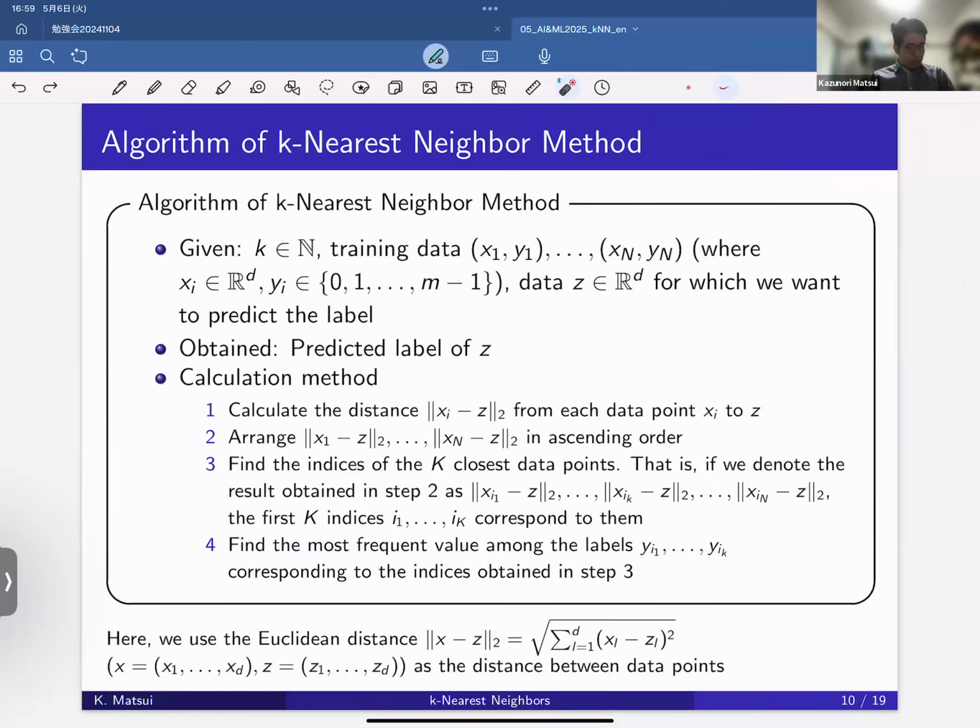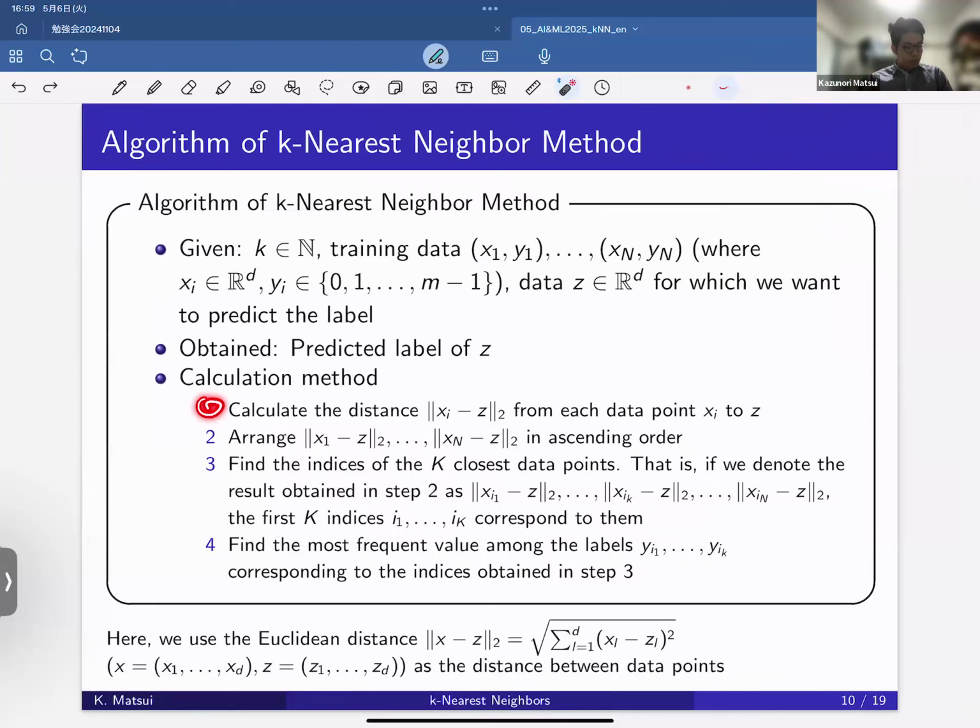What does the algorithm look like? In the k-nearest neighbors method, we need to find the k closest items. So we need to calculate distance to determine proximity. The specific steps are as follows.